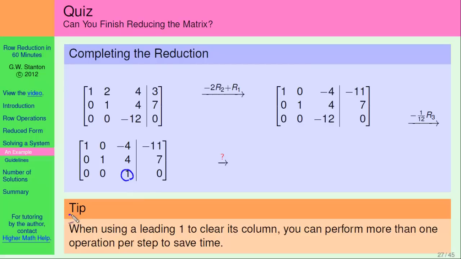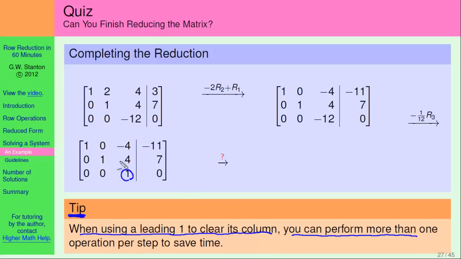A quick tip about this: normally it's not the best idea to combine two row operations in the same step. It can cause confusion or mistakes, but when you're using a leading 1 to clear its column, when you're at that stage of the process, then it's safe to perform more than one operation per step.